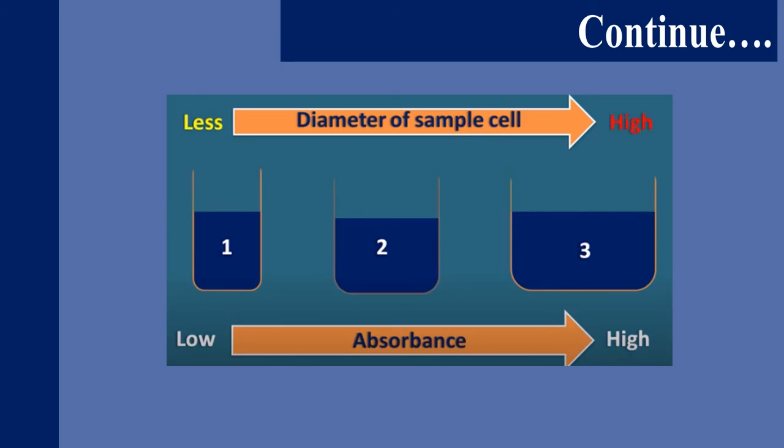So here we have three solutions. Each one of them has the same concentration. You can see each one of them has the same color, meaning the concentration of the solution is the same, but all three of them have different widths of the cell, meaning the first one has a low diameter of sample cell and the third one has a high diameter of the sample cell, meaning high width.